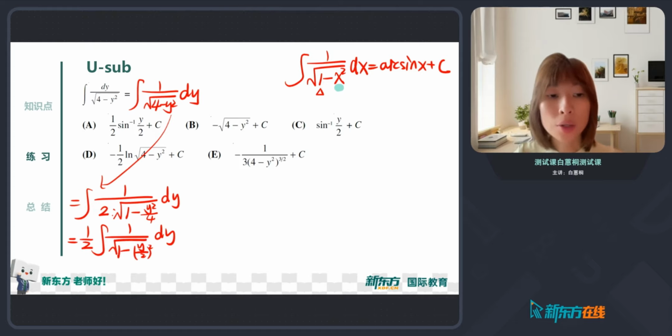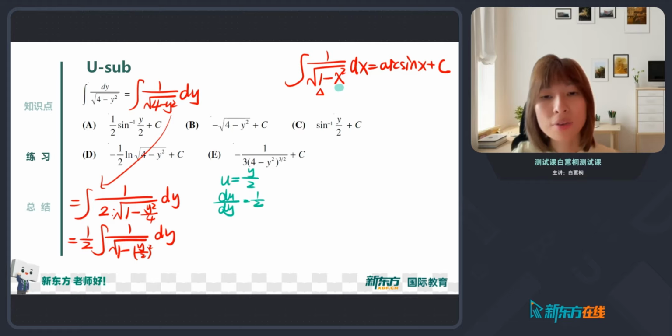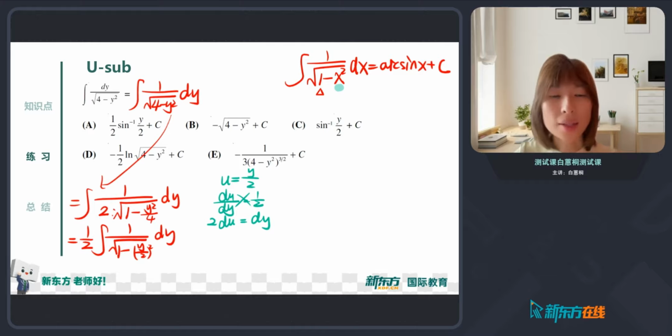So if you want to use the substitution method to make it easier, that is good. So right now we can use u is equal to y over 2. So du over dy is going to be 1/2, and then cross multiply, right? 2 du is equal to dy, and then we can substitute things back to make the expression easier to understand.